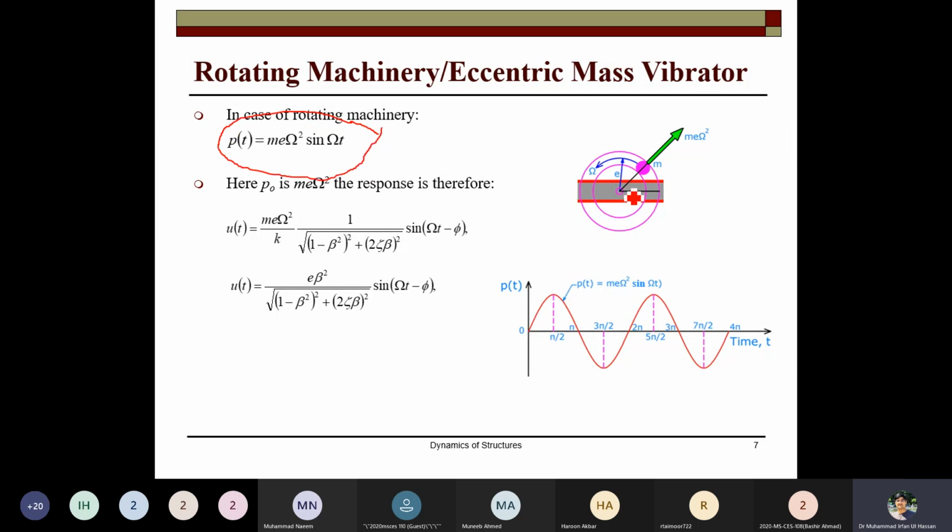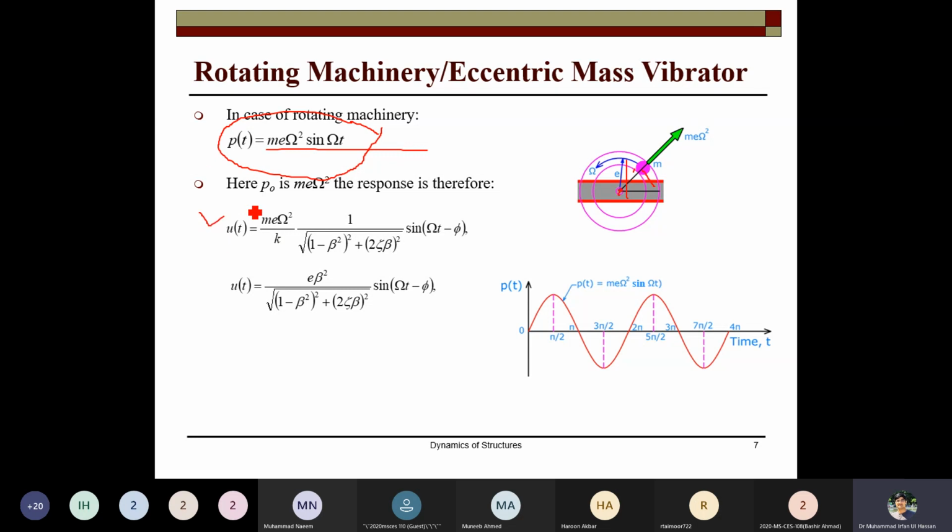When the machinery is attached with the girder, this is a centroid, this is the eccentricity of the mass. So the force that I have shown you, P sin omega t, was the different force when you apply some loading. But when some machinery is rotating about any point, then the force will be different.